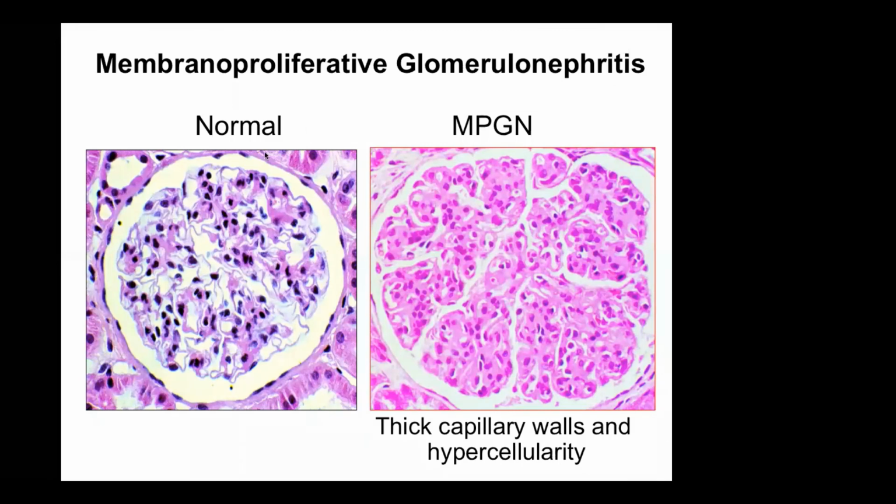Okay, membranous proliferative glomerulonephritis. As we said in the first lecture, when we talk about membranous proliferative, we are talking about thickening of the glomerular basement membrane plus hypercellularity plus proliferation within the capillary loop itself. So we have endocapillary proliferation plus thickening of the basement membrane, and this is called membranous proliferative glomerulonephritis.